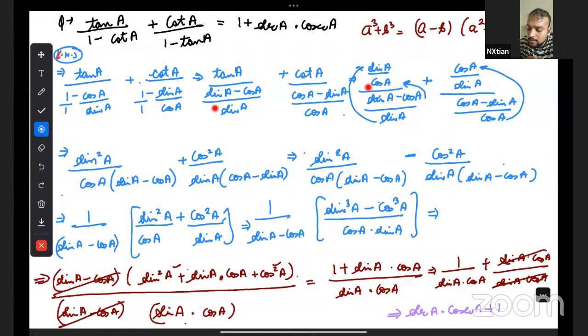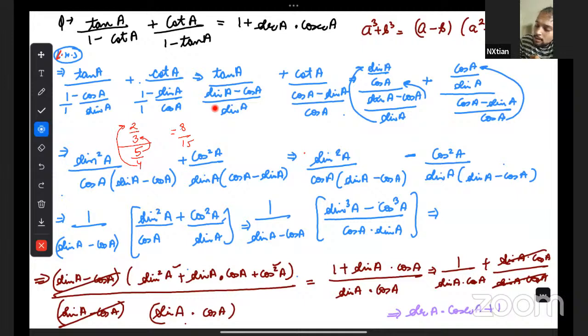Like, for example, if you write 2 upon 3 divided by 5 upon 4, this 4 will multiply with this, making 8, and this 5 will multiply with this, making 15. This is the shortest way.